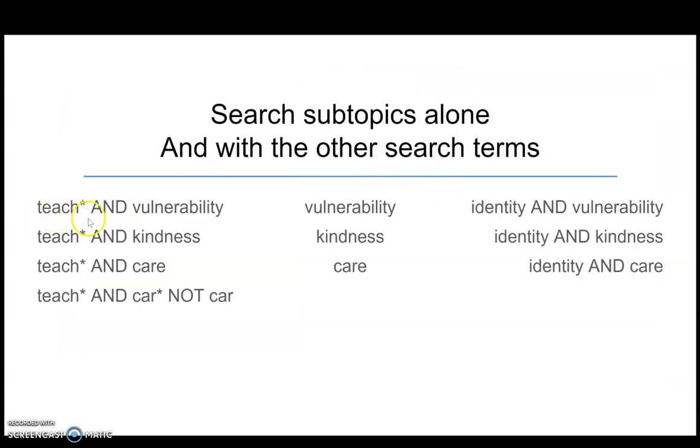So I can have a search where I'm searching for teaching and vulnerability, teaching and kindness. I can also have subtopics related to identity and vulnerability, identity and kindness, identity and care. We can play around with truncation and exclusion. There are a lot of interesting possibilities here for searching subtopics.